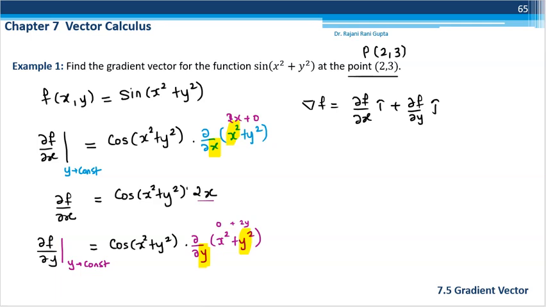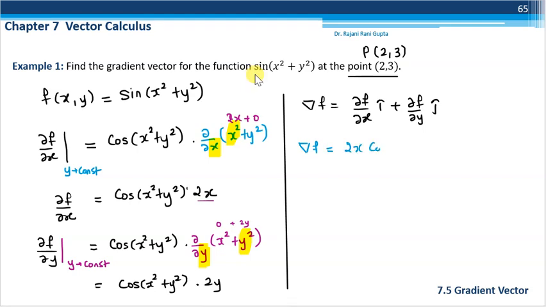So this gives you cosine of x squared plus y squared times 2y. So the gradient of f, substituting in this formula, is 2x cosine of x squared plus y squared i plus 2y cosine of x squared plus y squared j.